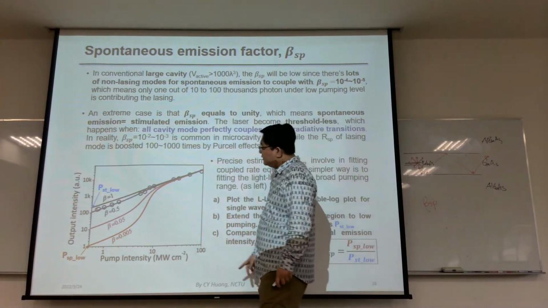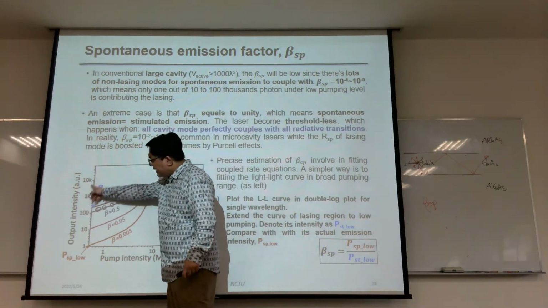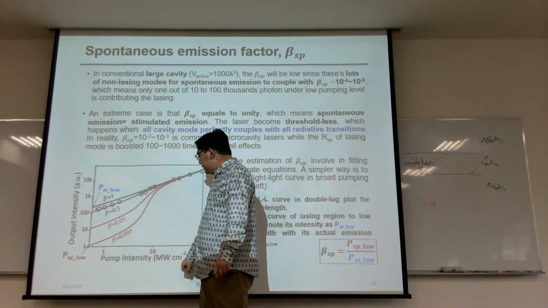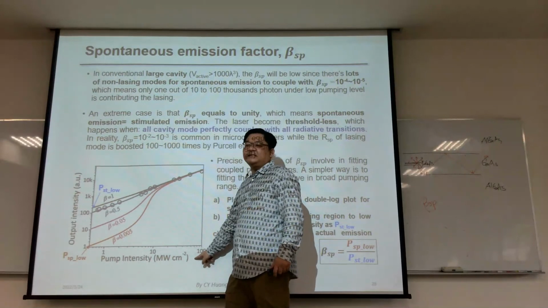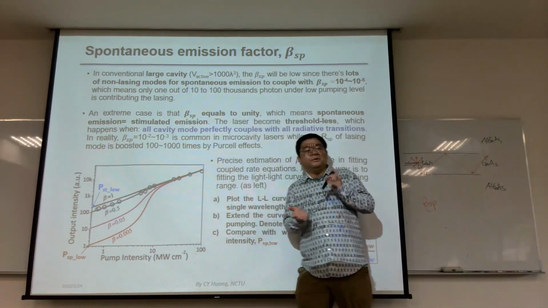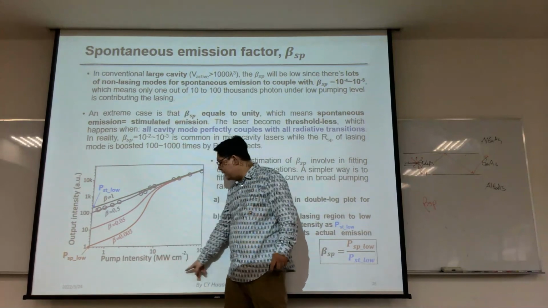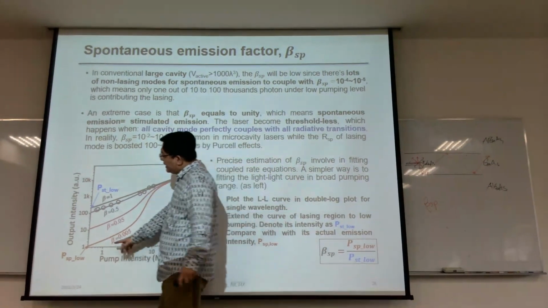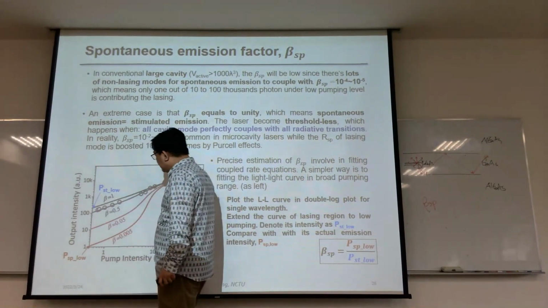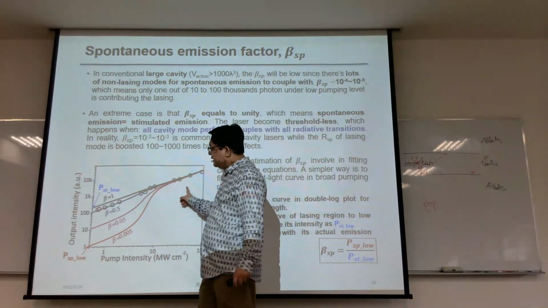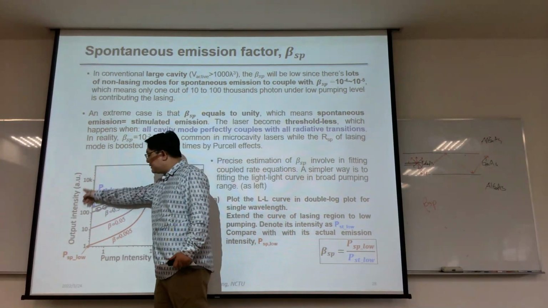So this is the LL curve. The x-axis is the pumping density; the pump could be optical, in megawatts per centimeter squared, and the y-axis is the output power. In a larger cavity, the LL curve looks like this.